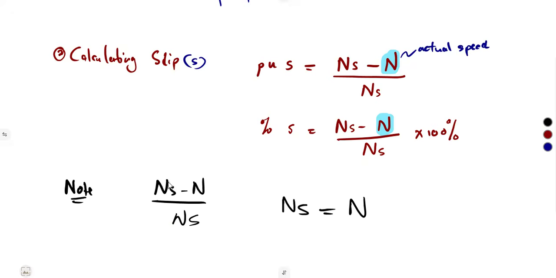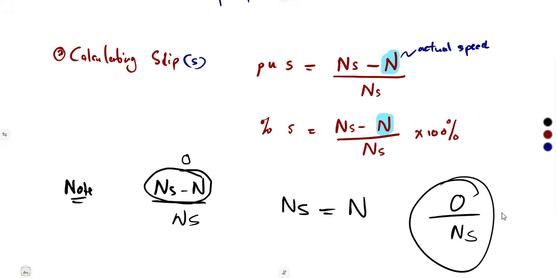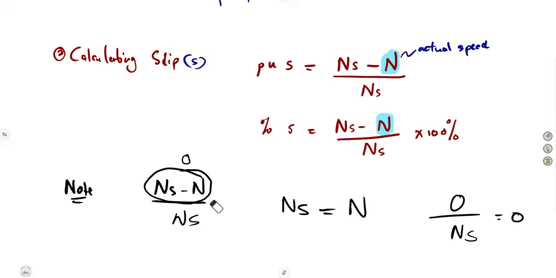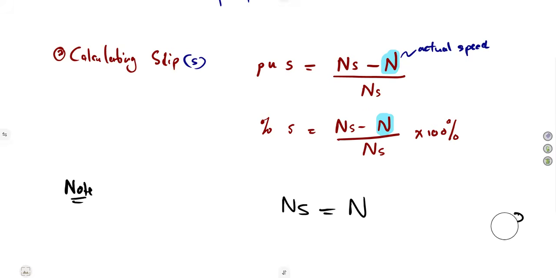If you subtract in the numerator, you're going to obtain a 0. So whatever percentage of slip you're going to have will be 0. Remember, guys, 0 over any number, it can be over 2, it can be anything, will give us 0. So if the two speeds we have are equal, our percentage slip will be 0, because they will be having a 0 there.